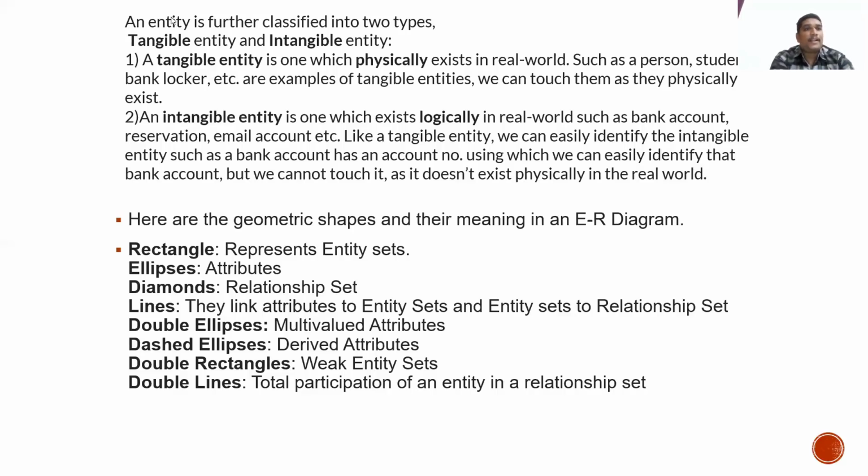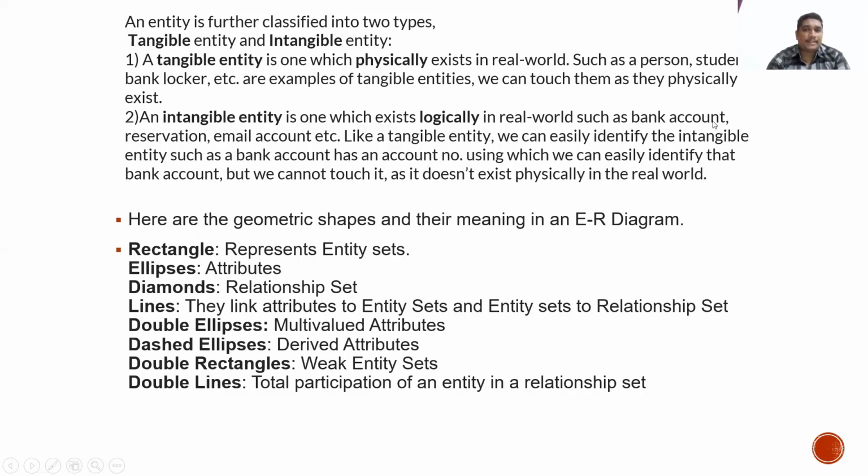Whereas an intangible entity is one you can't touch, for example a bank account or an email account. Simply, a tangible entity is one which physically exists in the world, whereas an intangible entity exists logically in the real world.